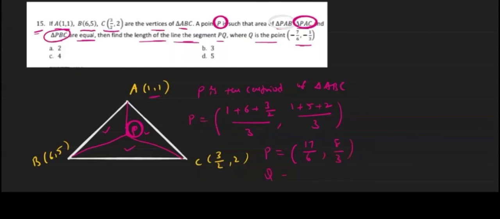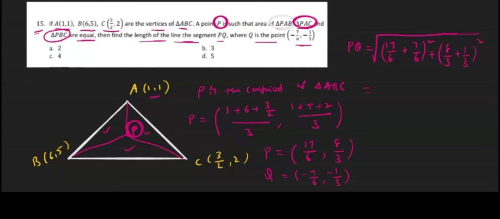And the question already gives Q coordinates as (minus 7 by 6, minus 1 by 3). Now we have to find the length of the line segment PQ. So PQ is equal to the distance between 2 points: 17 by 6 minus of minus 7 by 6, whole square, plus 8 by 3 minus of minus 1 by 3, whole square.